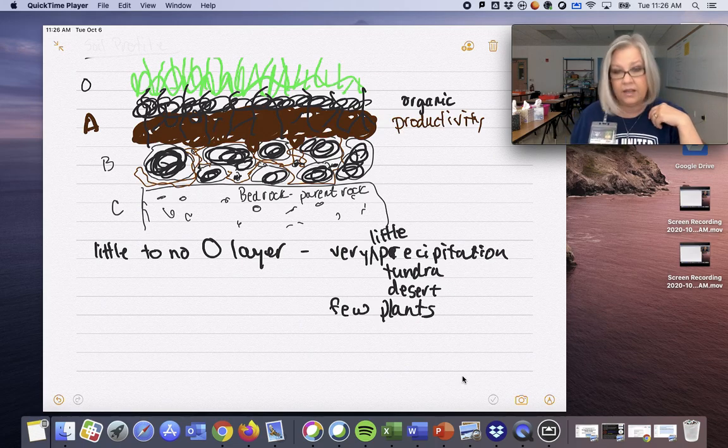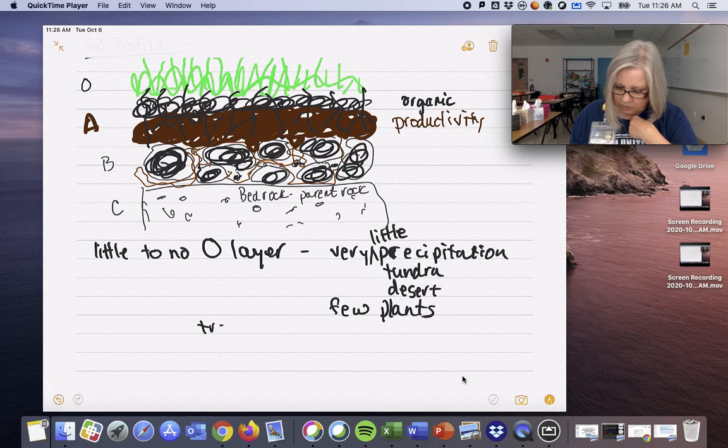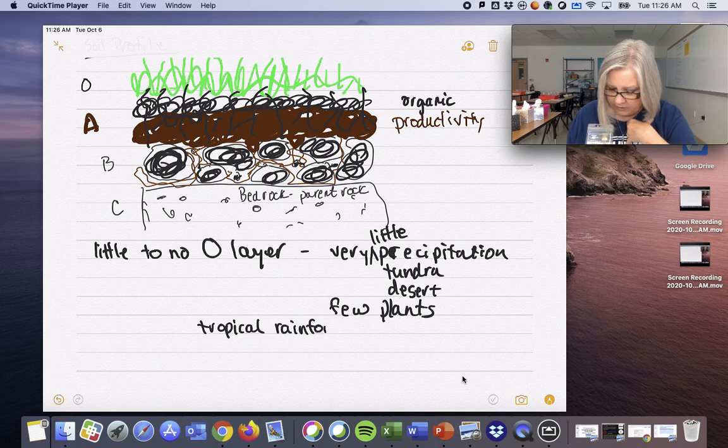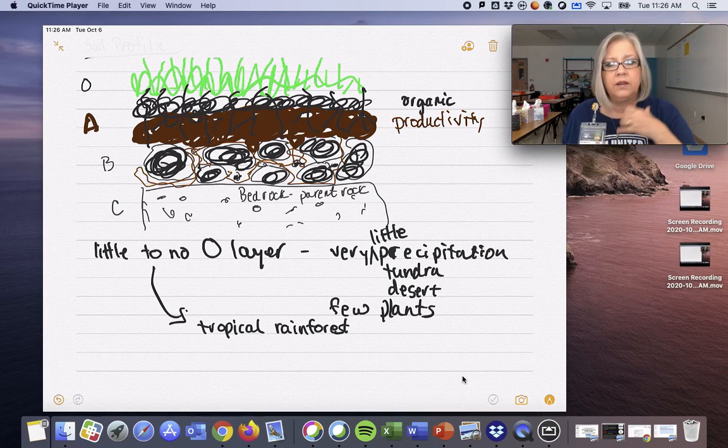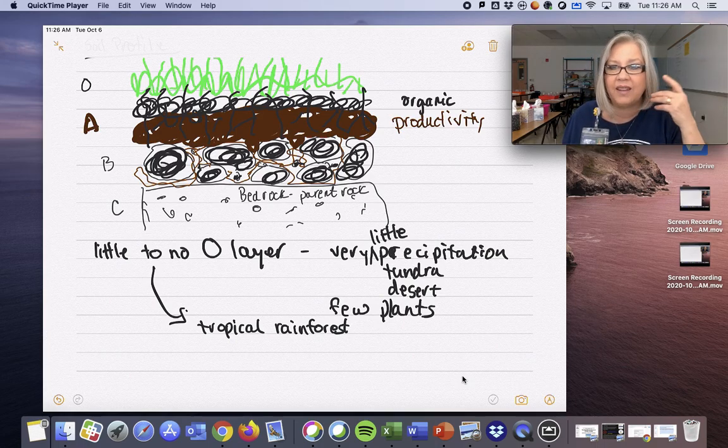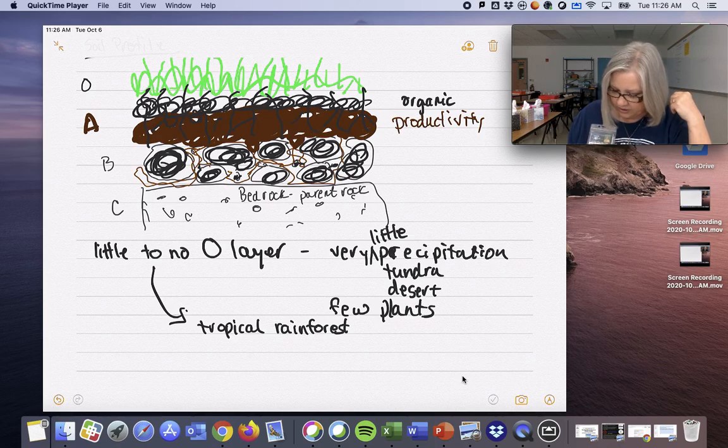However, we can also find this in a place like the tropical rainforest. Now, why do we have very little O layer in the tropical rainforest? This goes back to the fact that we have too much precipitation. So very high precipitation.